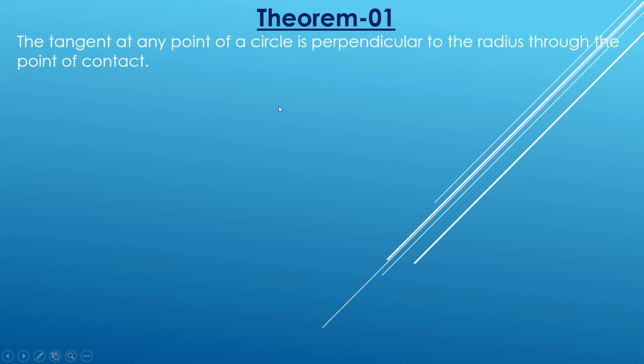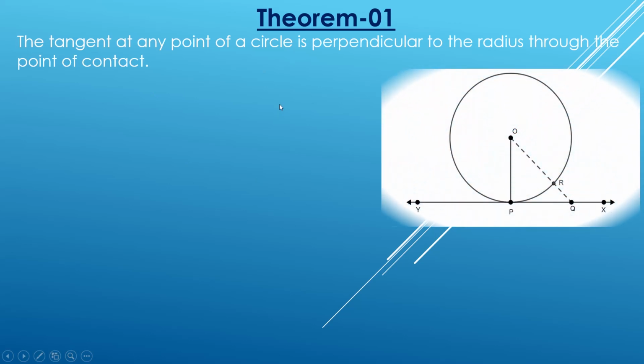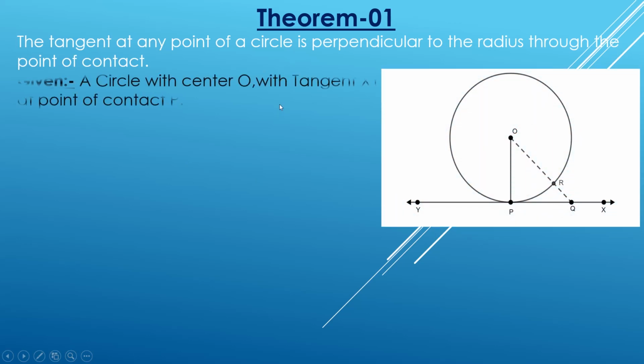After that, let us consider an image. In this image, we have a circle with center O, and a tangent XY. This tangent touches the given circle at only one point, that is point P, and we are going to call this point P the point of contact.